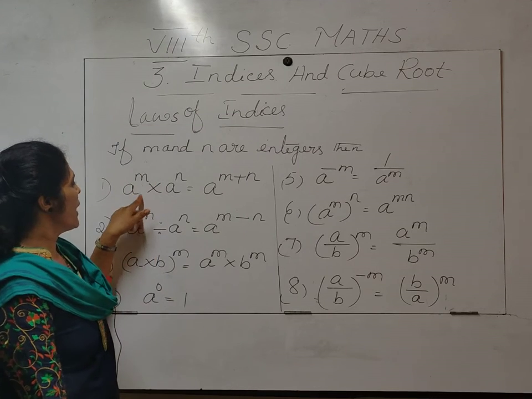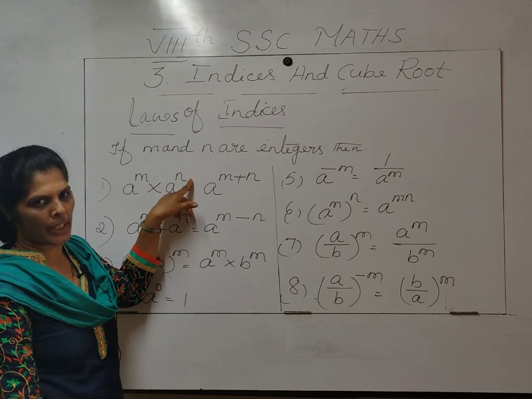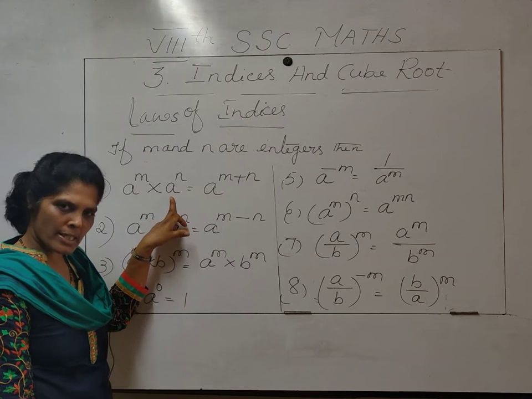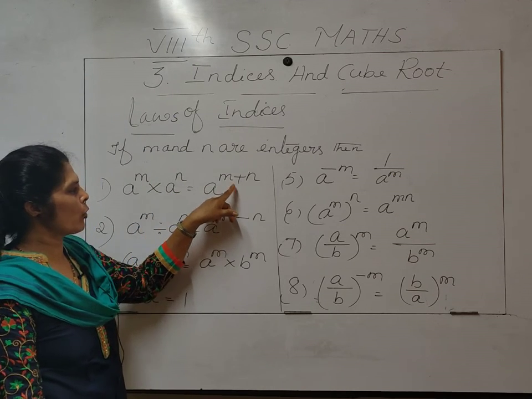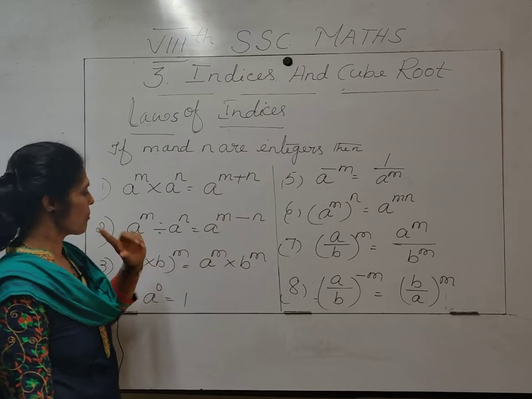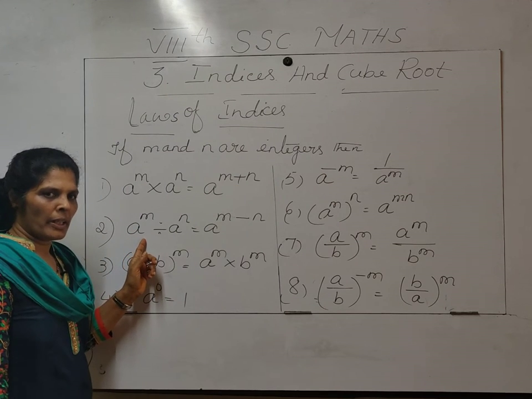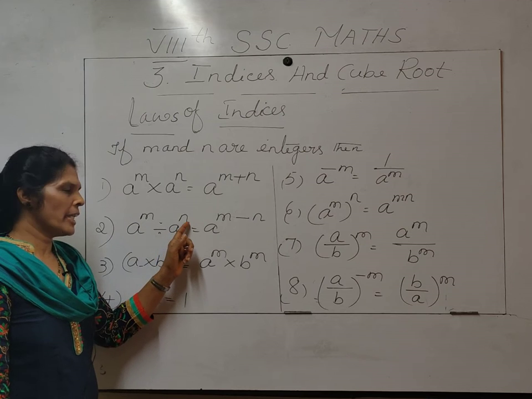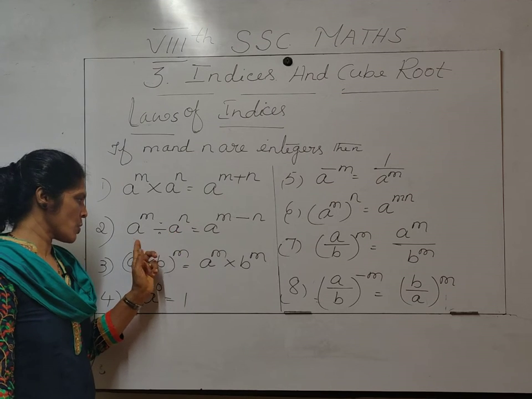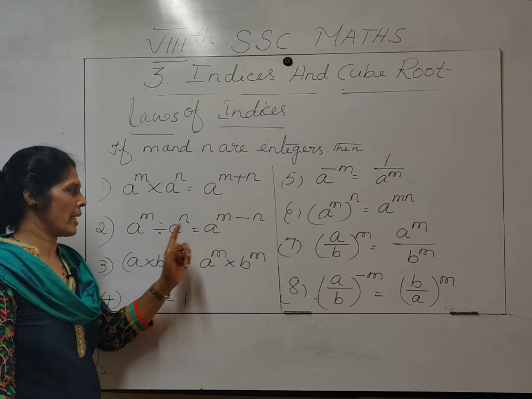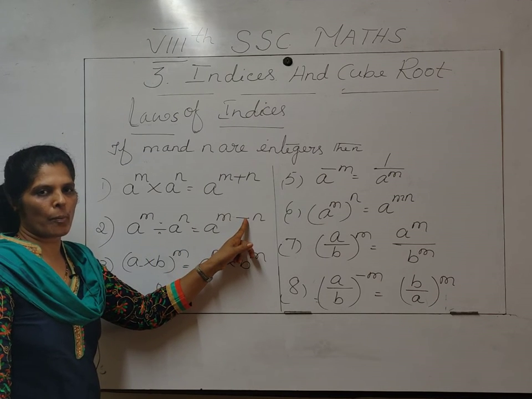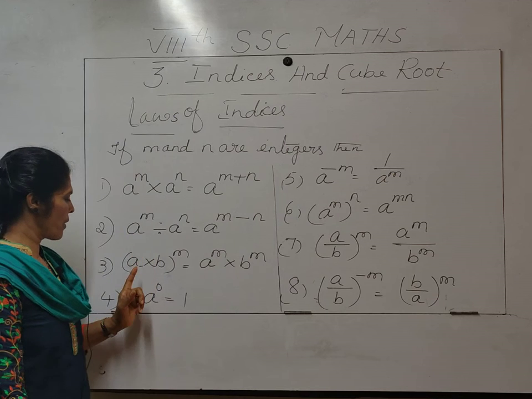See here, a to the power m into a to the power n means the base of both is the same and the power is different. That is a to the power m plus n. Second formula, a to the power m divided by a to the power n. Here also the base is the same, but in between is a division sign, so that is a to the power m minus n.